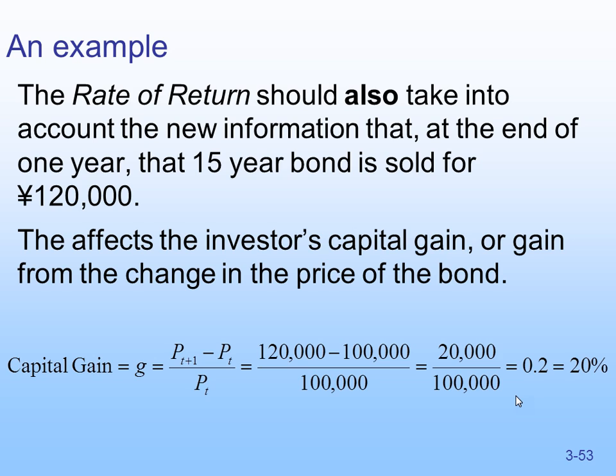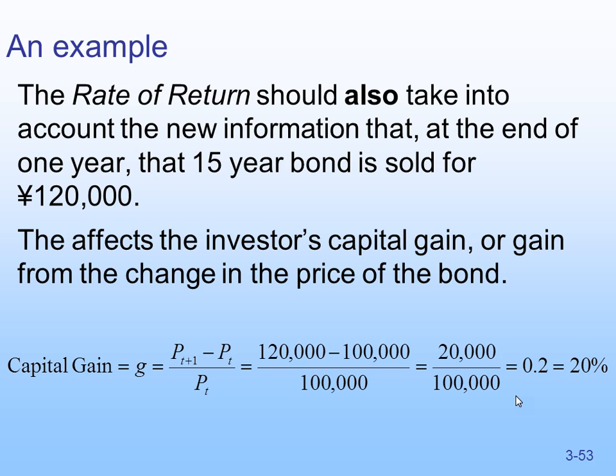Maybe you already knew that from the example. The rate of return also needs to take into account this new information that after 1 year you can sell it for this much higher price all of a sudden. And you don't have to keep bonds to maturity. You can resell them. So at the end of 1 year, that 15-year bond is sold for 120,000 yen.